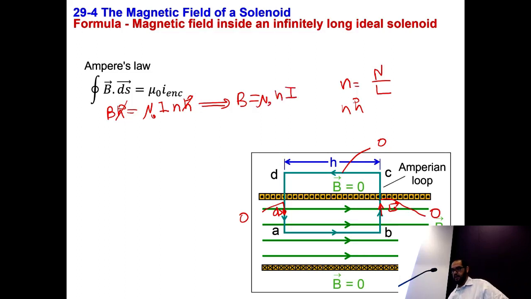So the magnetic field inside the solenoid is uniform, first of all. Its direction we can obtain with the right hand, and the magnitude is very interesting. It's not dependent on the length or the radius of the solenoid. It's just dependent on how many turns per unit length, how many turns in the solenoid per unit length, and the current through the solenoid.